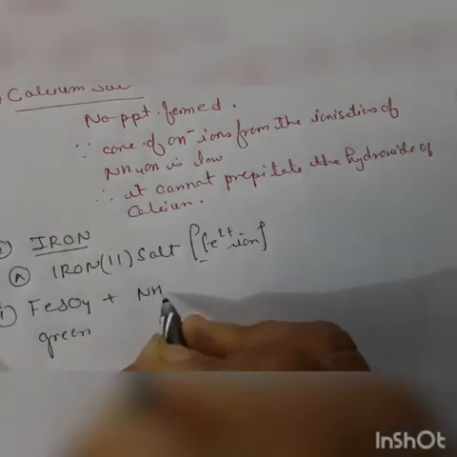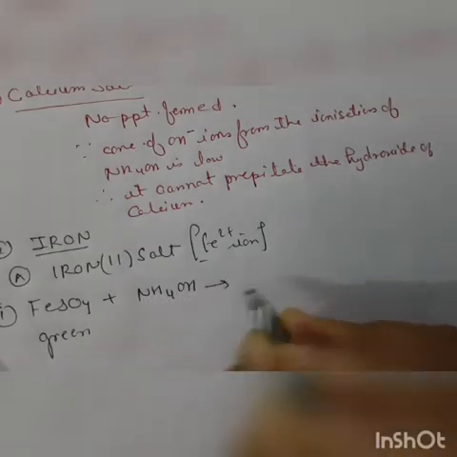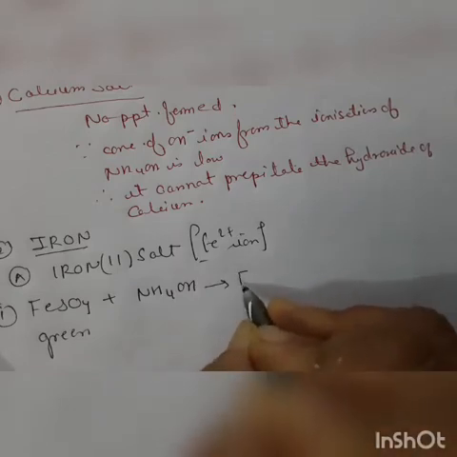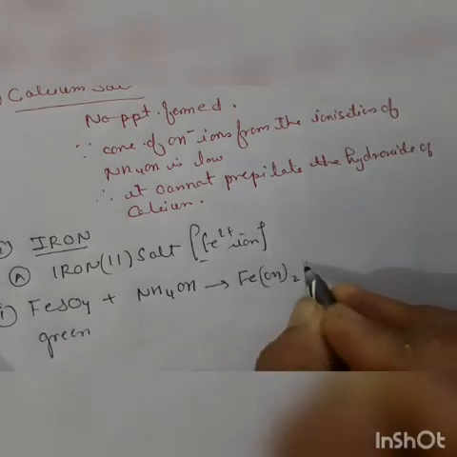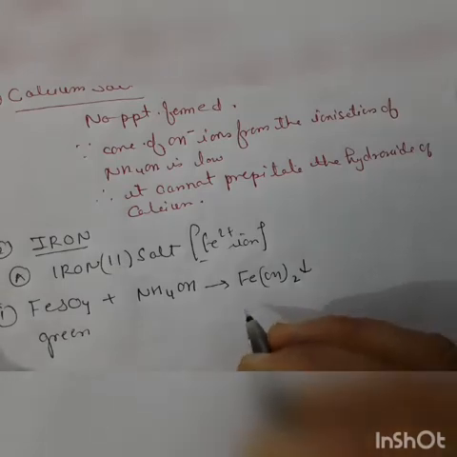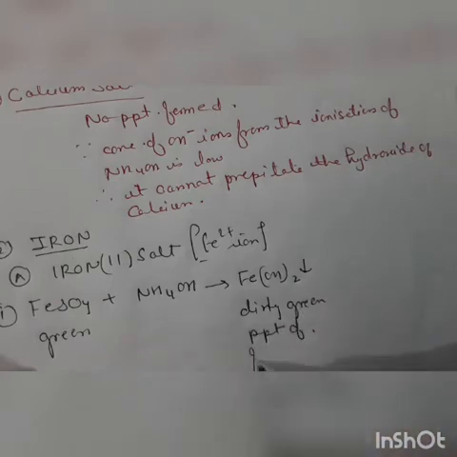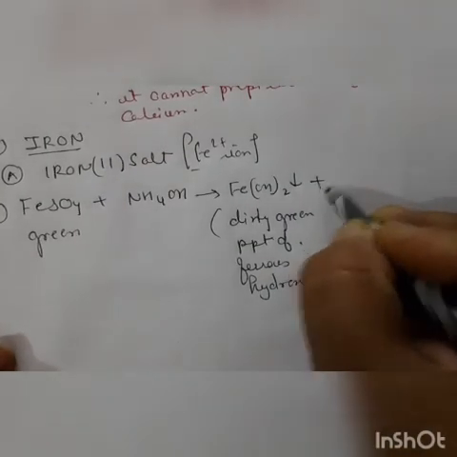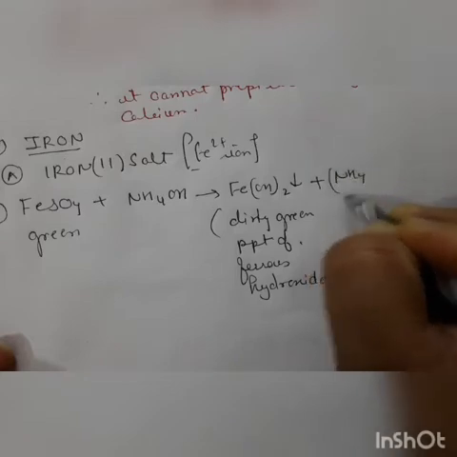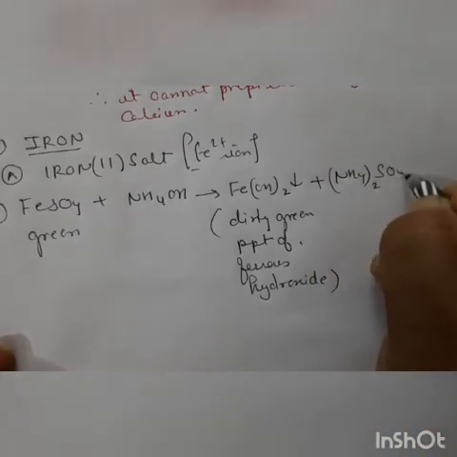When it is reacted with ammonium hydroxide, it gives dirty green PPT of ferrous hydroxide. In addition to it, colorless solution of ammonium sulfate is formed.